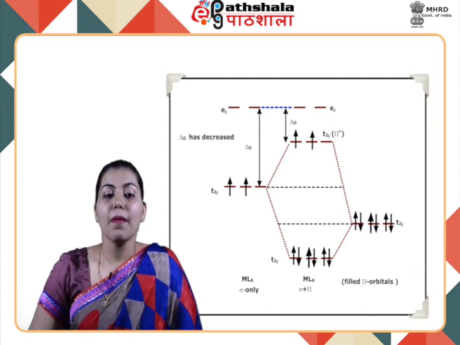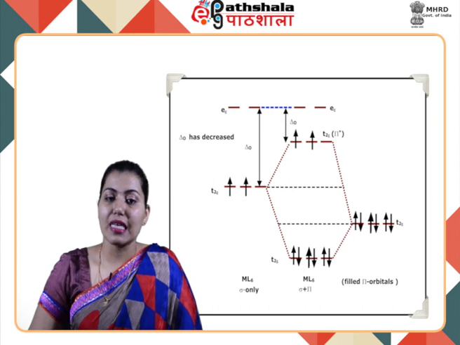The filled pi star or p orbitals on the ligands can give rise to ligand to metal pi donation, which then results in a smaller value of delta naught for the complex, whereas when we have an empty higher in energy p or d orbital on the ligand, it results in metal to ligand pi donation, which then leads to an increase in the value of delta naught for the complex.